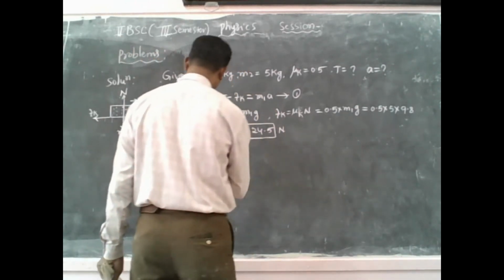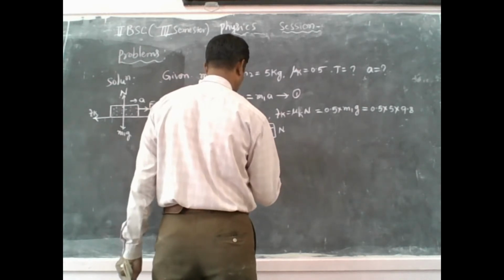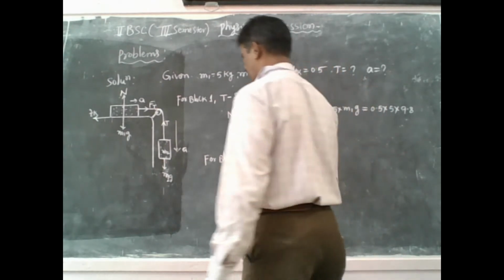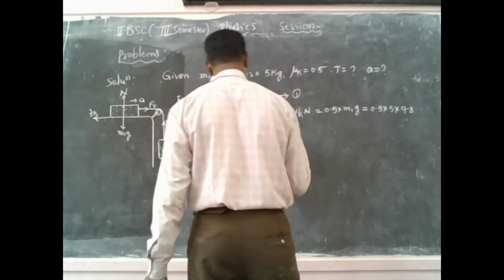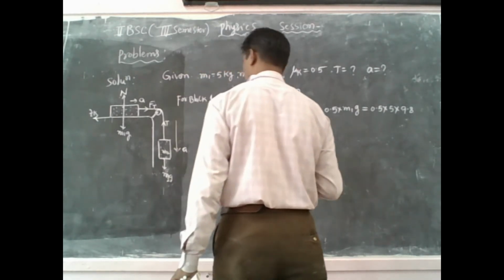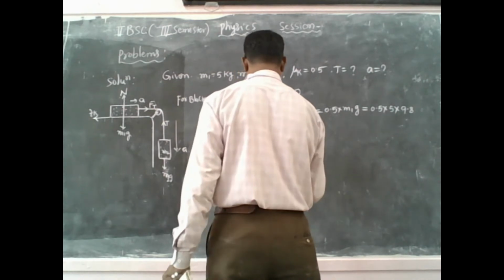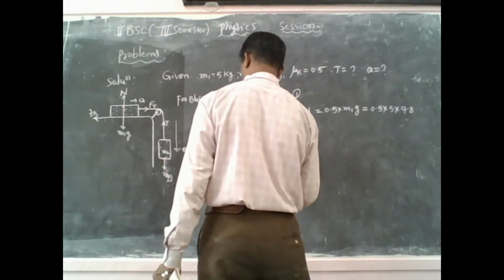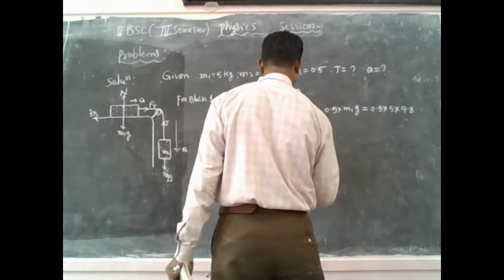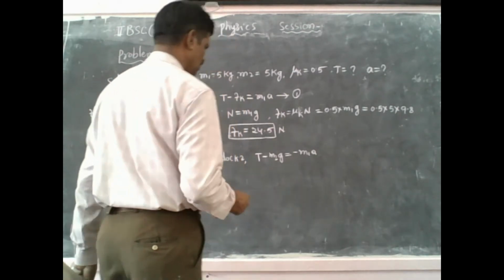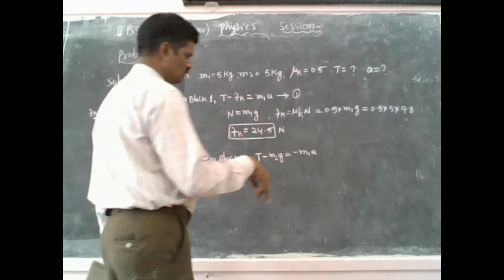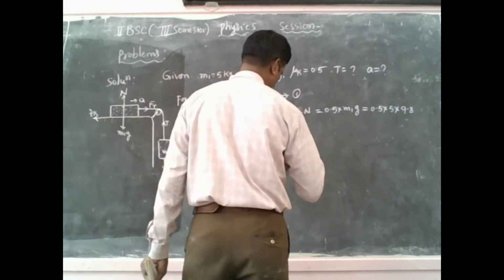So here M2 is there, T minus M2G. M2G is in the downward direction, therefore we have to take a negative sign, and T is in the upward direction, that's why we have taken it positive, isn't it? T minus M2G is equal to minus M2A, because the motion is in the downward direction, that's why we have taken the negative sign, isn't it?